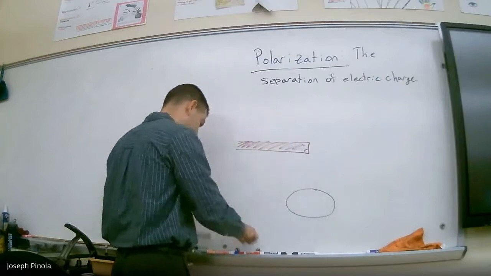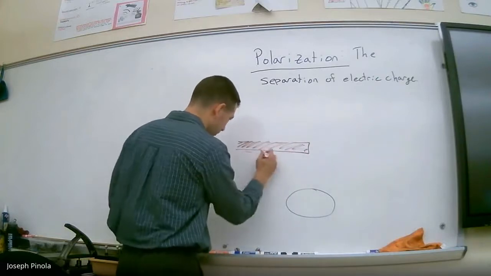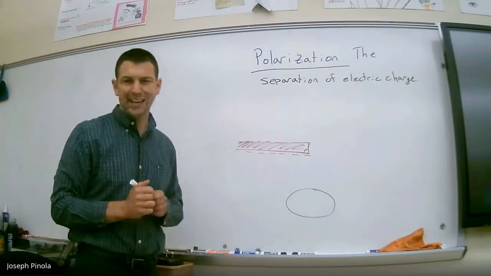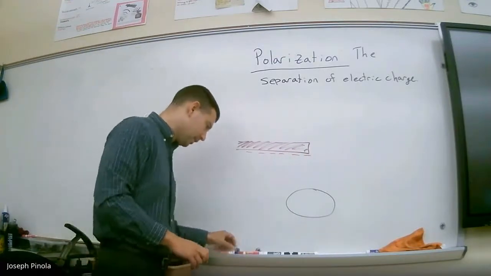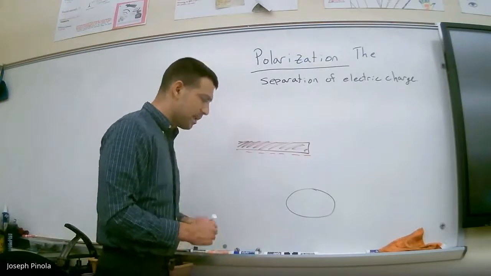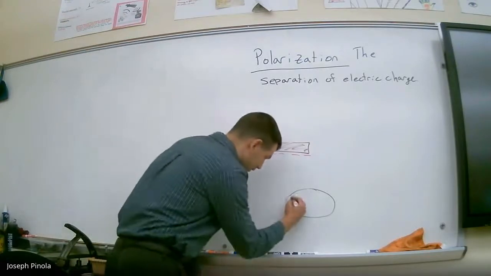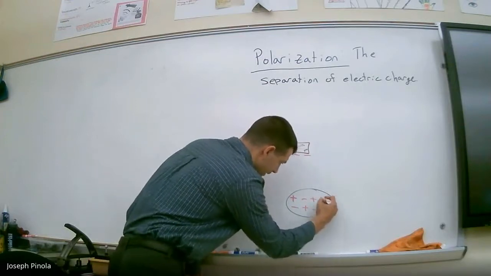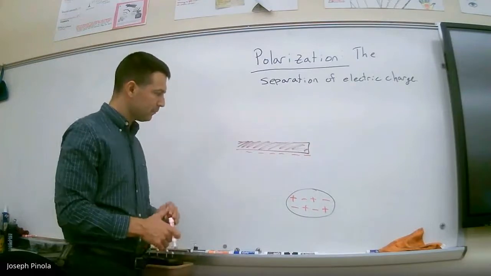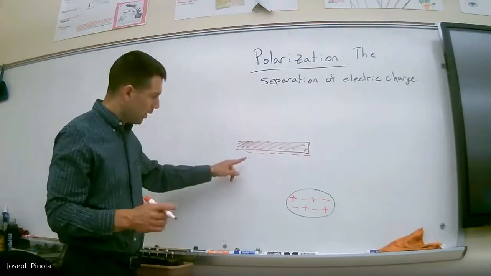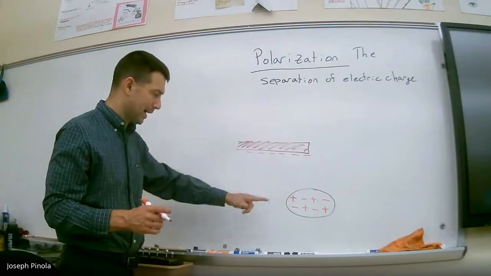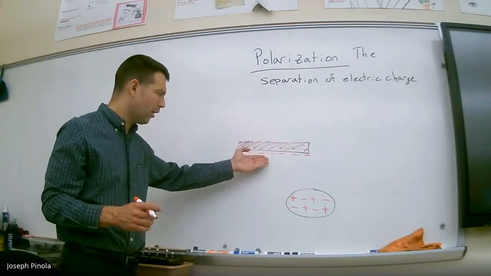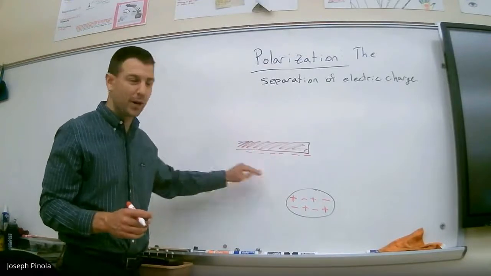So I'll draw a rod, and once again, I'll make some negative charges on it. Again, it's not all negative charges, but there are excess or extra negative charges on the rod. On the piece of paper, there are positive and negative charges as well. So I'll draw them, and I'll kind of mix them up a little bit because they are mixed throughout. But remember, when I bring the negatively charged rod nearby, the negatives in the hole punch paper want to get as far away as they can from the negatives in the rod.